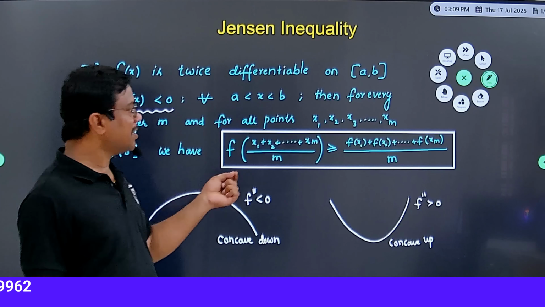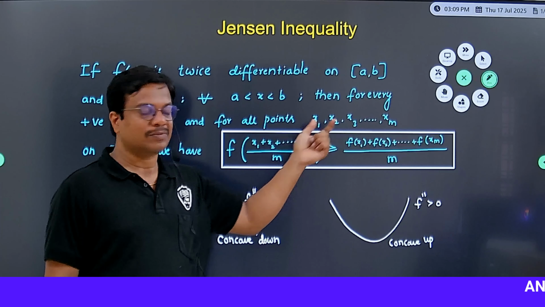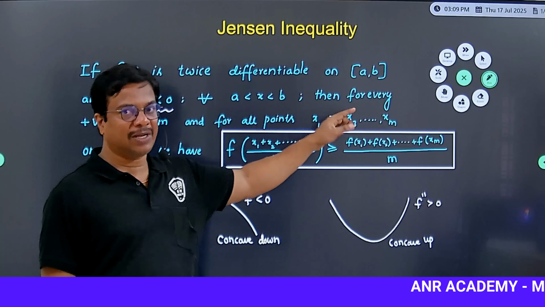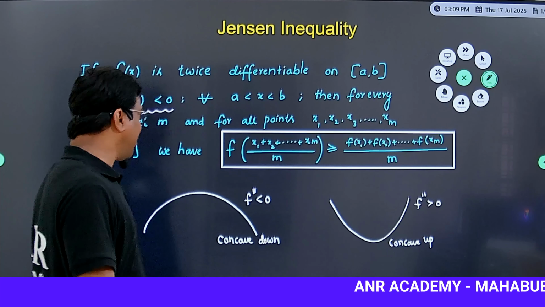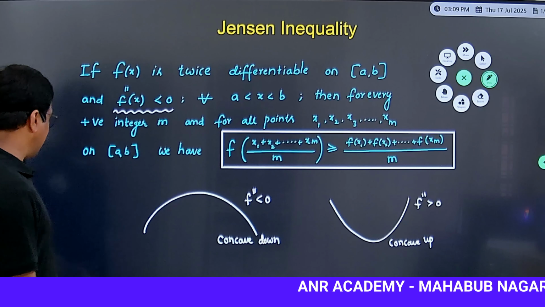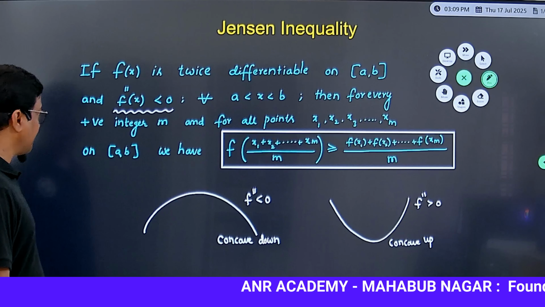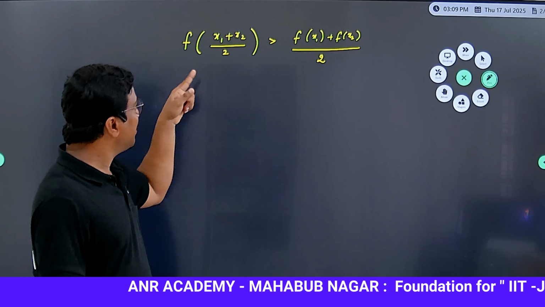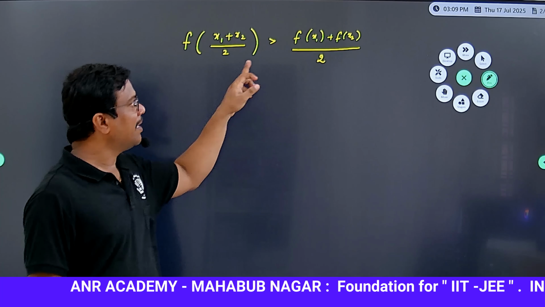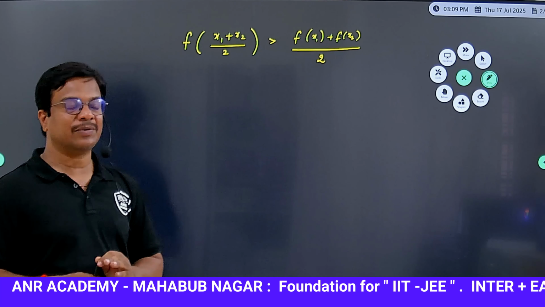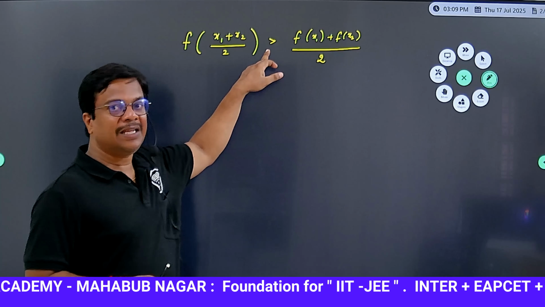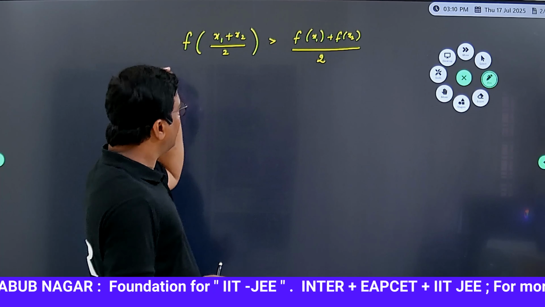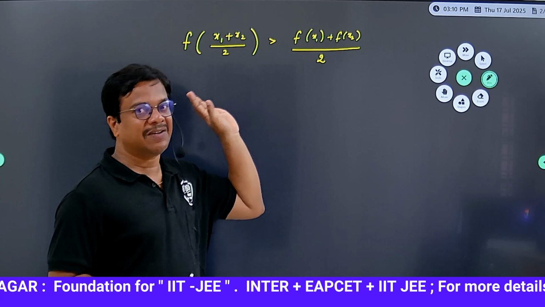Let us discuss with simple points x1 and x2. There are m points x1, x2, x3 and so on xm, but now I am going to explain the same inequality with just 2 points. See here the statement, f of (x1 plus x2) divided by 2 is greater than (f of x1 plus f of x2) by 2. Equality holds whenever x1 equals x2.